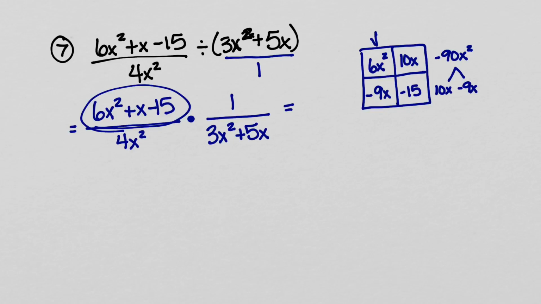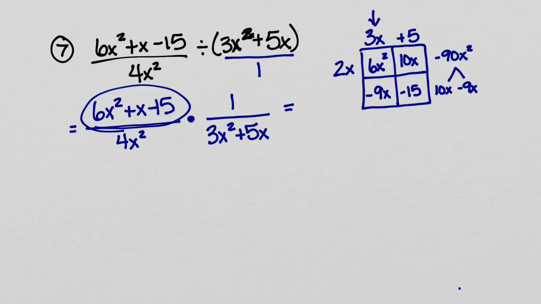And I just look at this first column here. What can I take out of both terms? I can take out a 3 and an x. And then 3x times what gives me the 6x squared? 3 times 2 is 6, and I need one more x. So 3x times 2x is 6x squared. Then I finish with 2x times what gives me that 10x, and that'd be a positive 5.